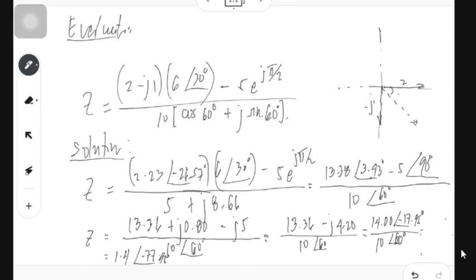Pagdating sa application, kung ganito ang gagawin ninyong solution, napakahaba. It's a waste of time. If you know how to operate your calculator using complex quantities directly, then you can save time. Anong model ng calculator mo?